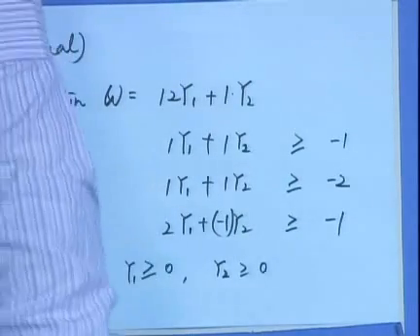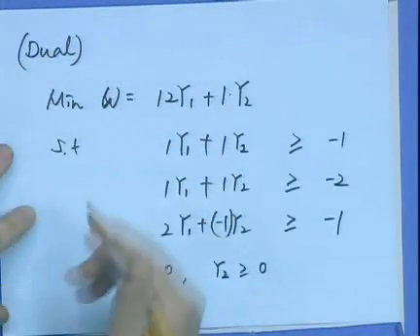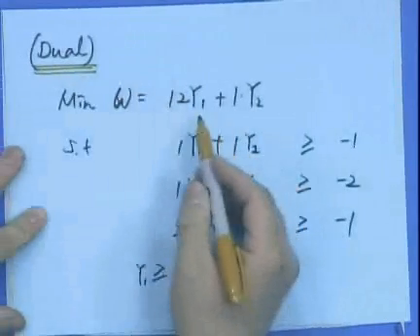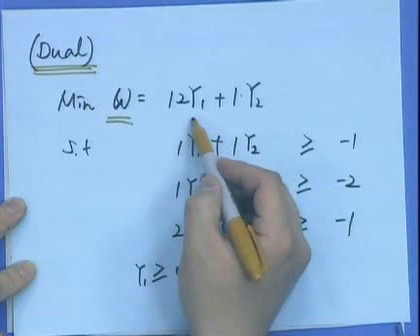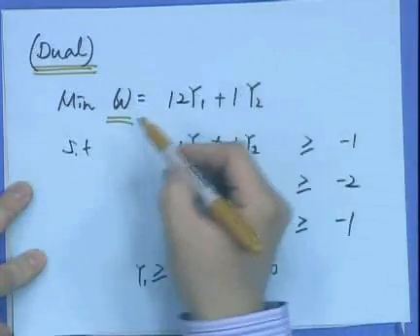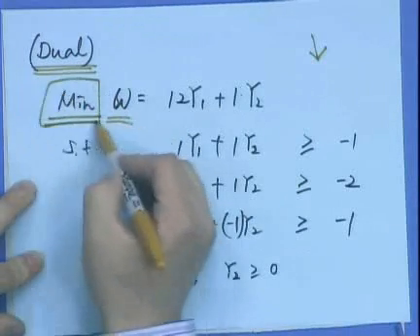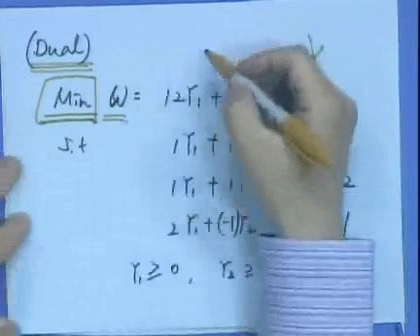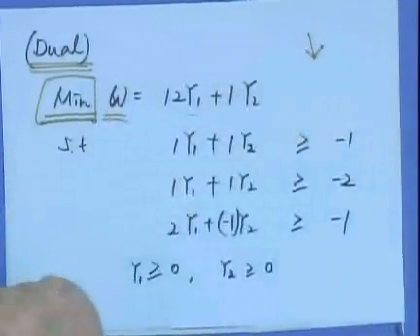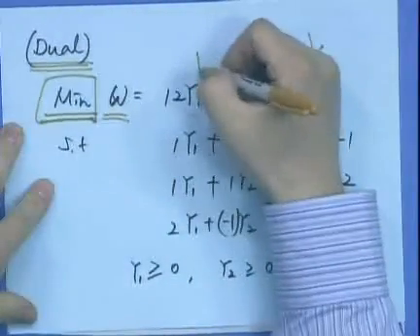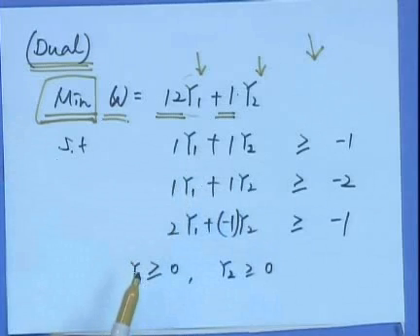So if you look at the dual objective function, the dual objective function value W will be improved, which means decreased because this is a minimization problem, if both the y1 variable and the y2 variable decrease, because both of them have positive coefficients. Is that correct?